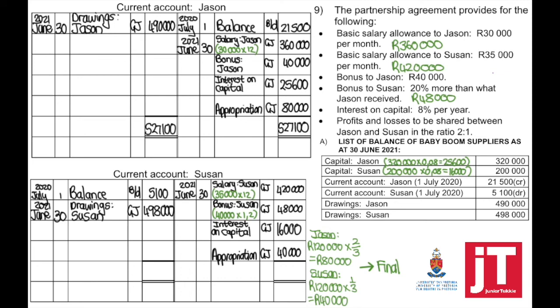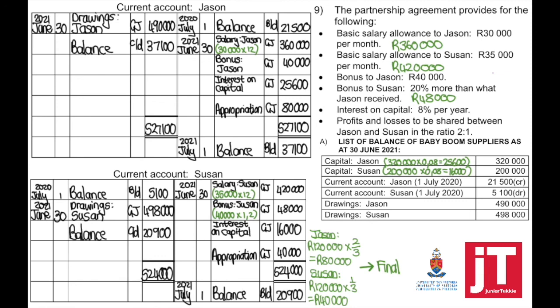To calculate the new balance for Jason, take the credit side minus the debit side. That equals balance carried down, balance brought down, 37,100. For Susan, take the credit side minus the debit side.